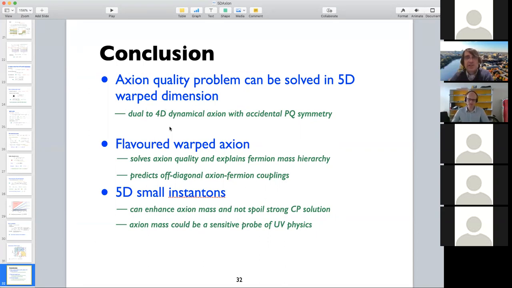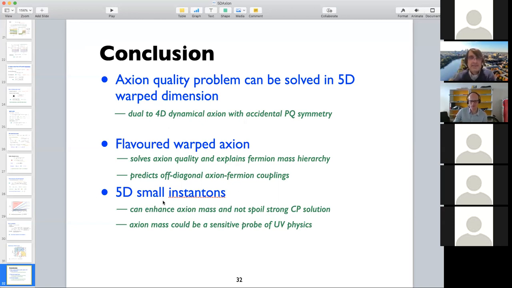What the solution is really capturing is a dynamical or composite axion with an accidental symmetry. And we see this story in the standard model. Once you have that framework, then you can look at a model which can explain the fermion mass hierarchy and then predict these off-diagonal axion-fermion couplings.